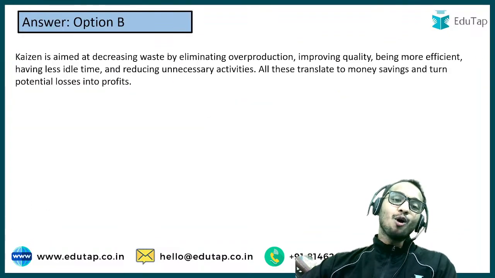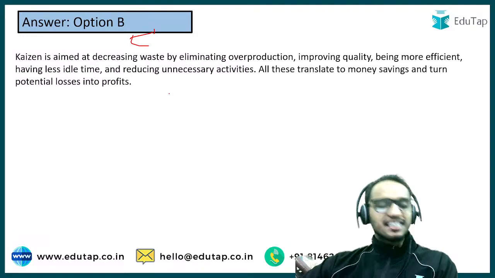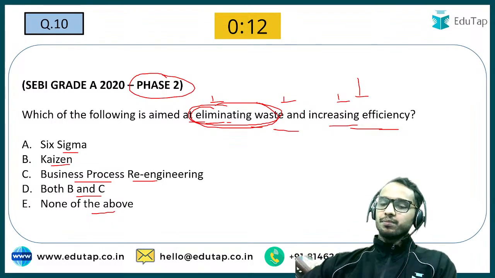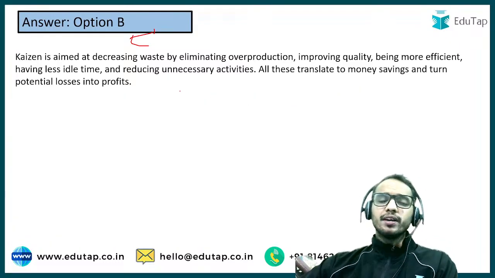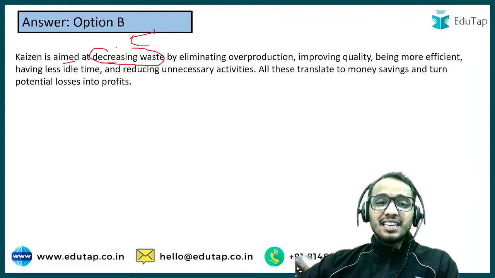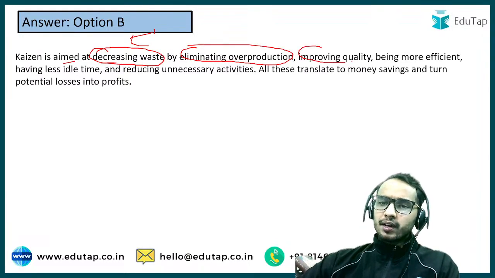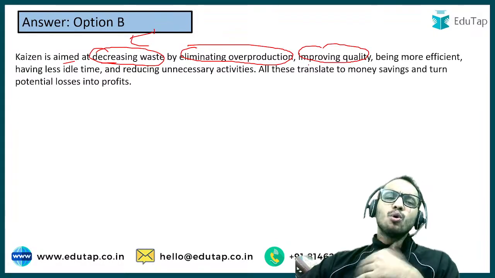So the answer would be option B, that is Kaizen. Eliminating waste and increasing efficiency. Whenever we talk about eliminating waste, increasing efficiency, and continuous improvement, then we talk about Kaizen. Kaizen is aimed at decreasing waste by eliminating overproduction, improving quality, and being more efficient.